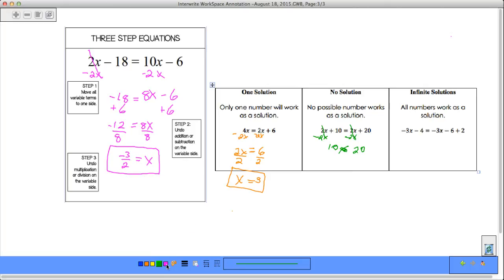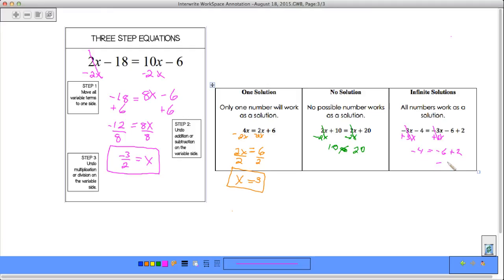Okay. The other side of that is if we get rid of x, and what we have is true. So here, I can add 3x to both sides to get my x's on the same side. Negative 3x plus 3x is 0. Well, that cancels on both sides, so I'm left with negative 4 equals negative 6 plus 2.